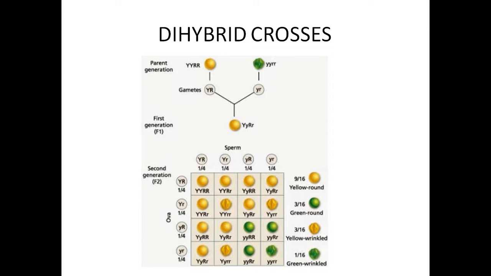In the F2 generation, second generation, you can see here the ratio is 9 out of 16 are yellow round, 3 out of 16 are green round, 3 out of 16 are yellow wrinkled, 1 out of 16 is green wrinkled. So the phenotypic ratio is becoming 9:3:3:1.